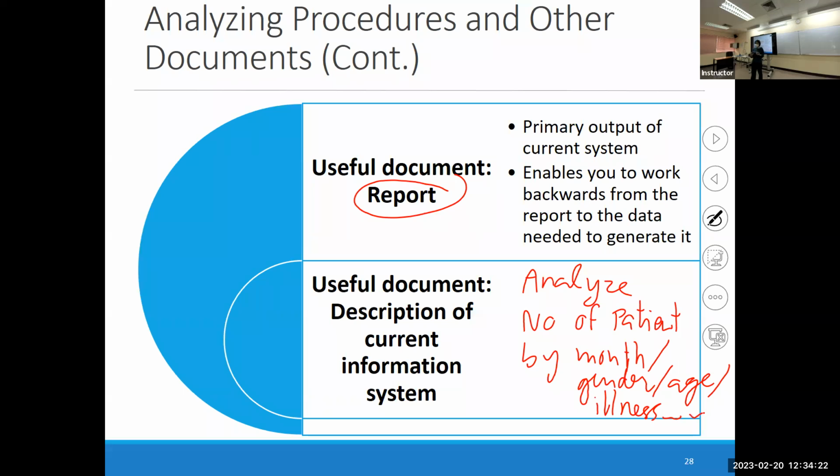By types of staff, types of user, whether mostly students come or staff come, mostly foreign overseas students also come more, or Thai students come more, and so on. This is important. Okay, what types of illness do they mostly come to the clinic with, so that they can manage the medical inventory, medicine properly, and so on.